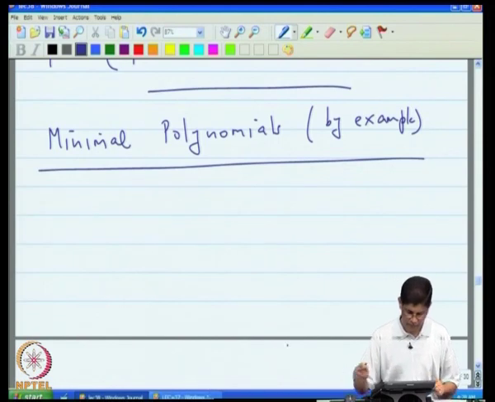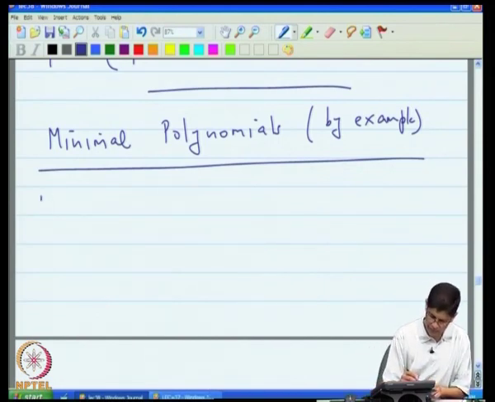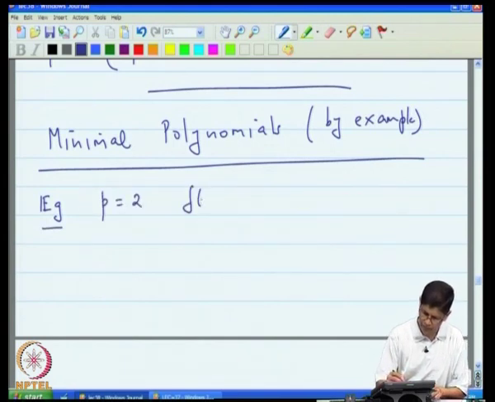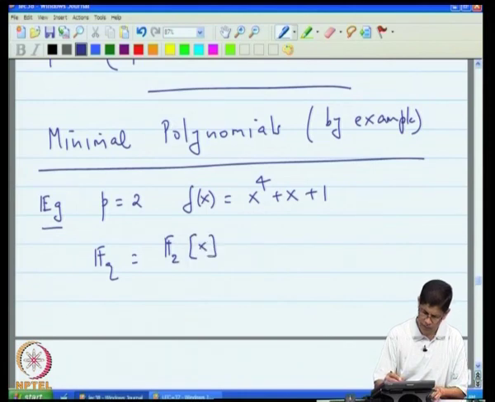In this example, you are going to have characteristic 2, f of x is x^4 plus x plus 1. Our finite field Fq is going to be F2[x] mod x^4 plus x plus 1.